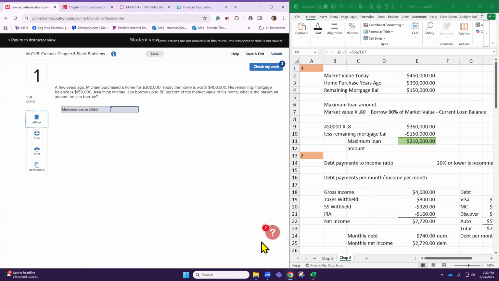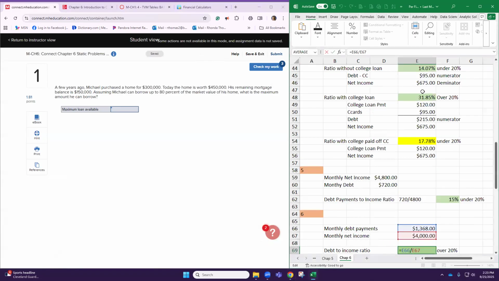A few years ago, Michael purchased a home for $300,000. Today, it's worth $450,000. He has a remaining mortgage that he owes on it of $150,000. Assume Michael can borrow up to 80% of the market value of his home. What is the maximum amount he can borrow? So let's write it down.